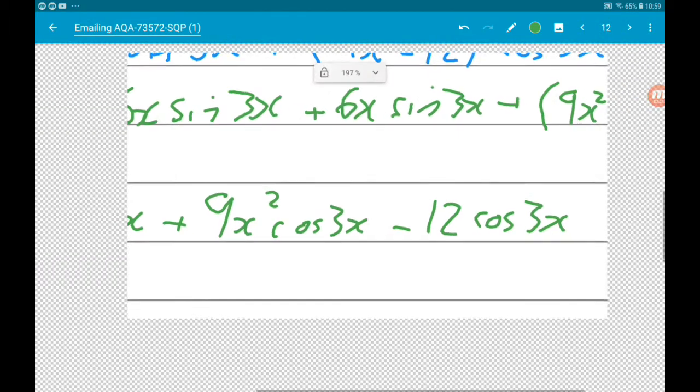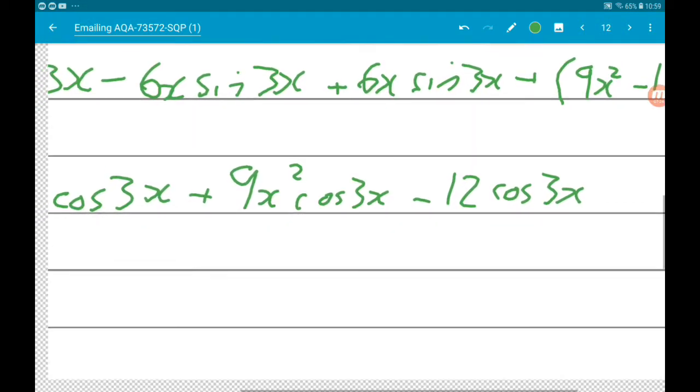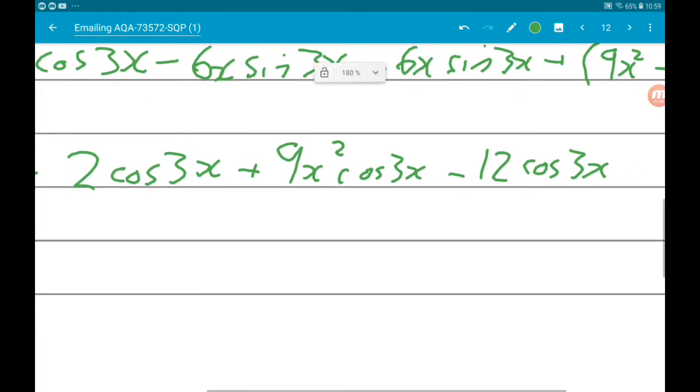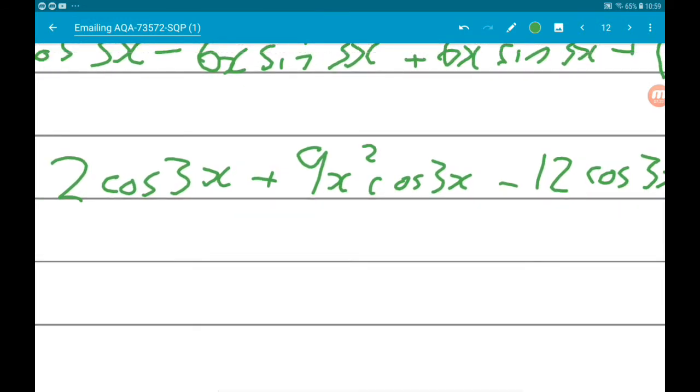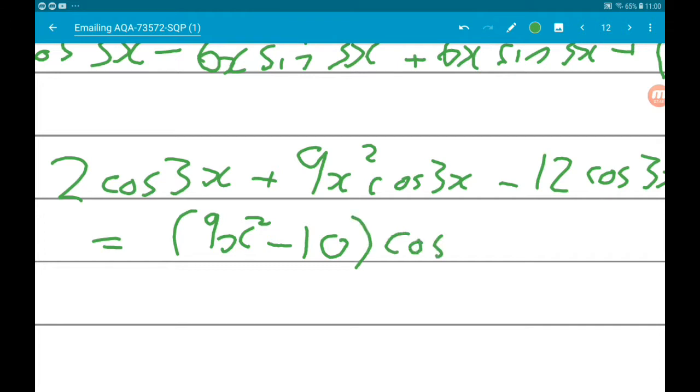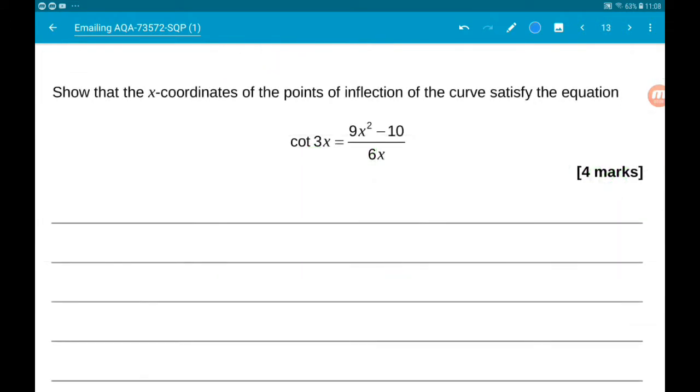So everything's got a common factor of cos of 3x, so that's good. Now 2 cos of 3x minus 12 cos of 3x is minus 10 cos of 3x. So we've got 9x squared minus 10 lots of cos of 3x. Cool.